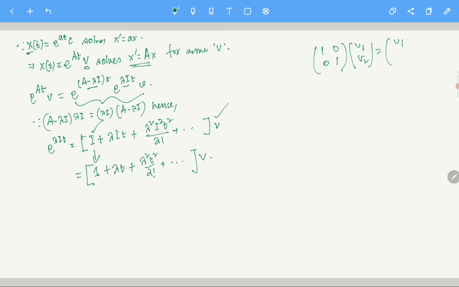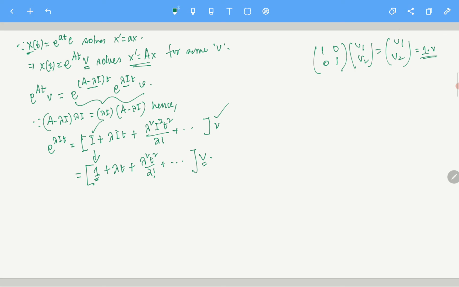If you multiply, it is going to be v1 and v2, so that is basically 1 times the vector v. That is what I am writing, and similarly the other parts are exactly the same. I am not writing a matrix as a scalar; this matrix multiplied by v is basically 1 times v. I am just rewriting this thing, that's all.